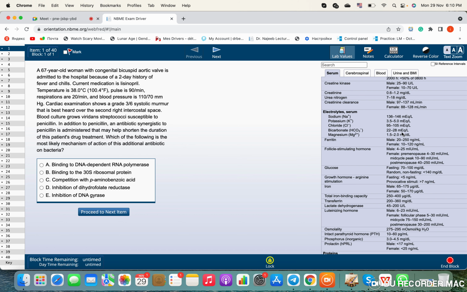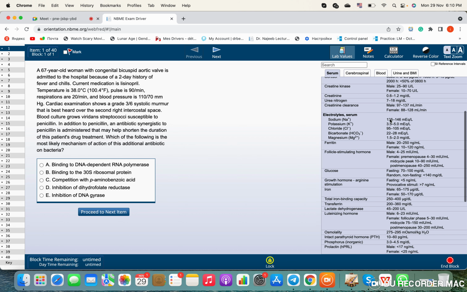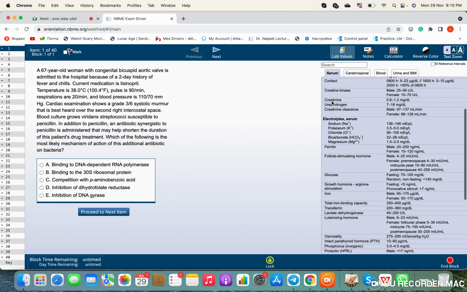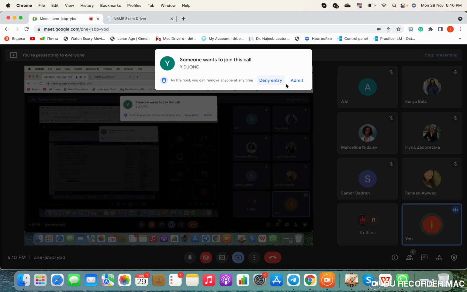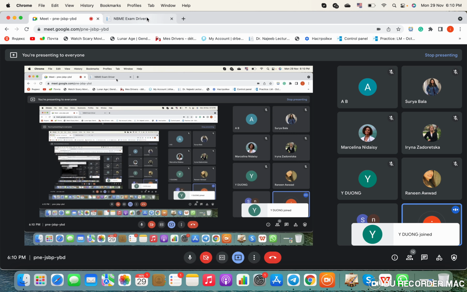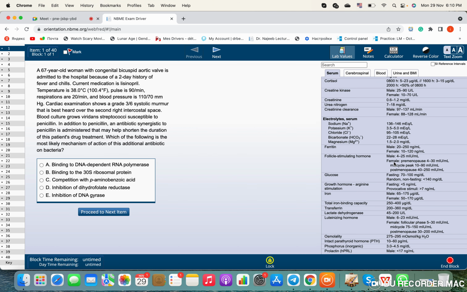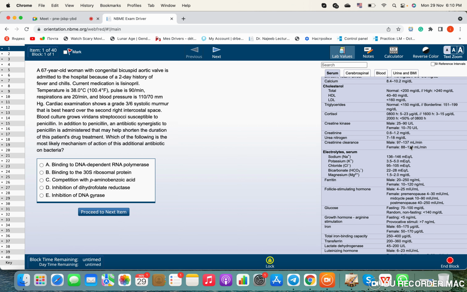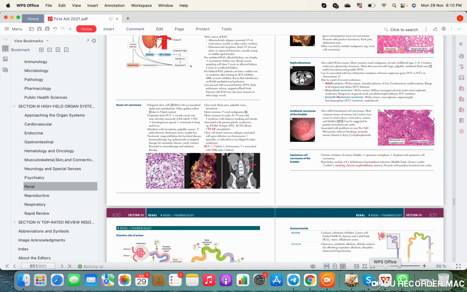They will give it to you on the test. You just open the labs and take a look at them. What about creatinine? Here it is. What about BUN? Here it is. You don't have to look up anything or memorize any values. All of the values will be given to you. So we are clear on that point, and we can go back to our renal.